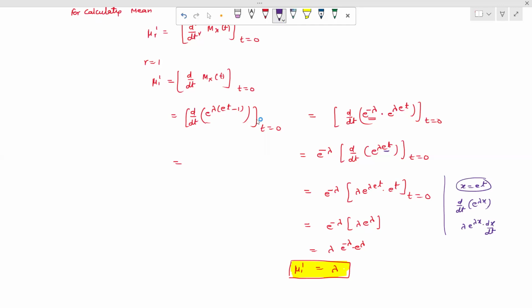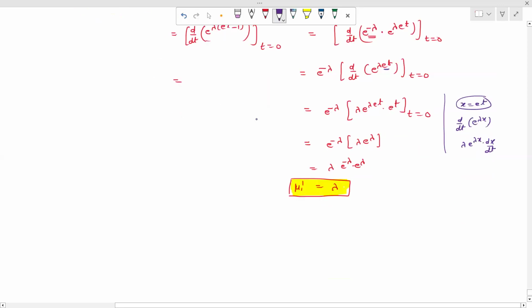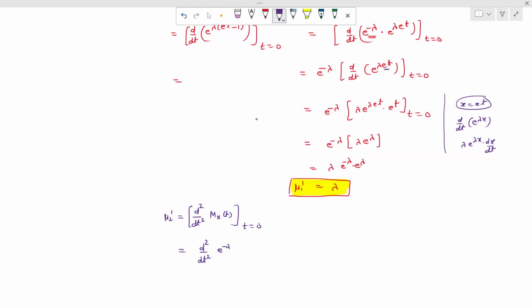Now we obtain the second moment, mu2 dash. So mu2 dash is equal to d2 upon dt squared of M_X(t) at t equal to 0. For M_X(t), we have e raised to the power minus lambda into e raised to the power lambda e raised to the power t at t equal to 0.